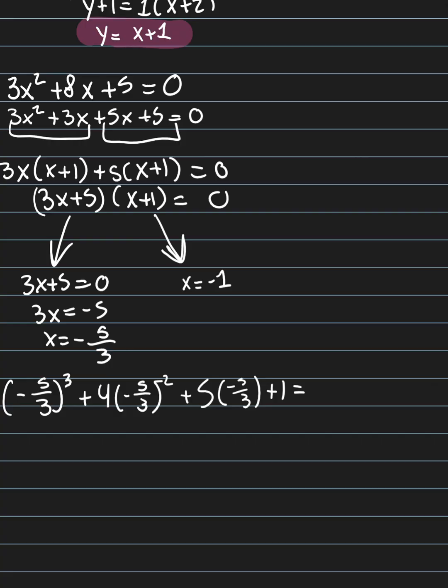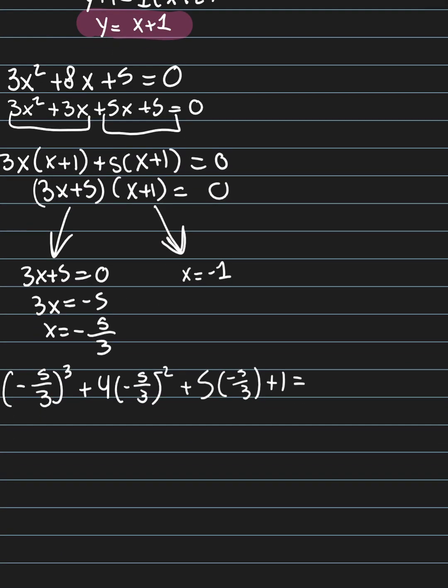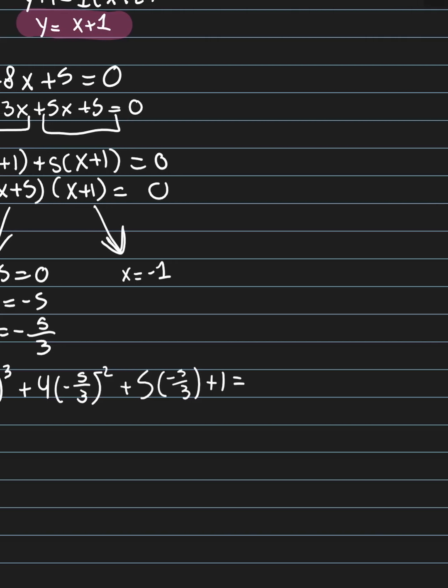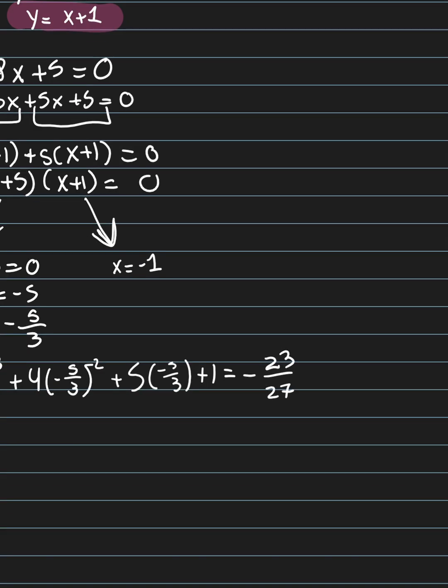Negative 5 over 3 cubed, plus 4 times negative 5 over 3 squared, plus 5 times negative 5 over 3, and then plus 1. We get negative 23 over 27.